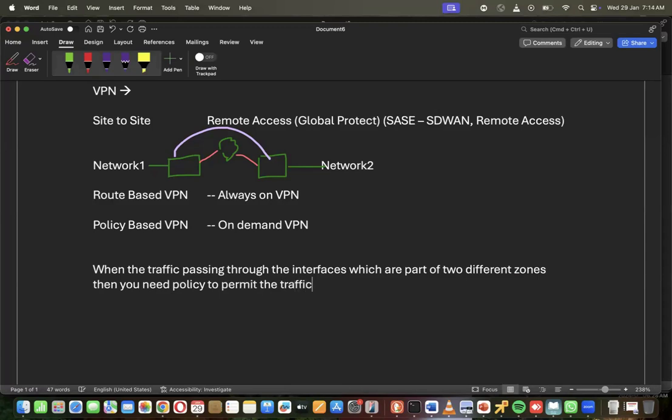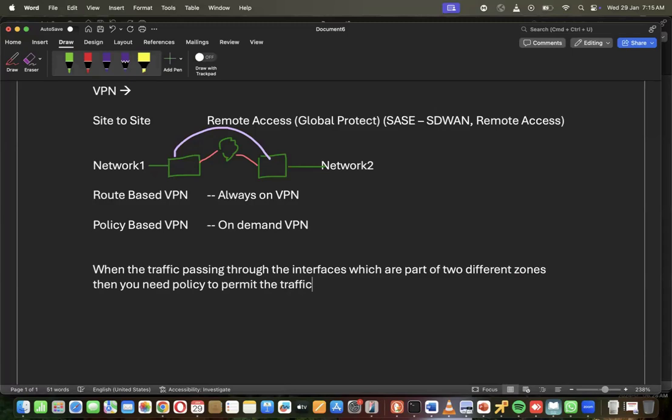Right or not? That is the basic architecture of your Palo Alto firewall. So if the traffic is passing through the firewall between two different interfaces, which are part of two different zones, then you have to have the policy to permit it. If not, you will not be able to see the traffic.